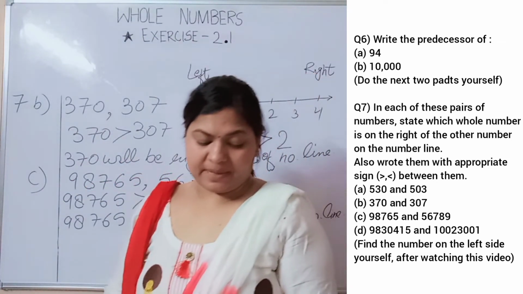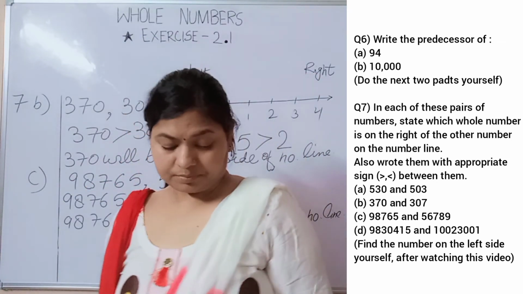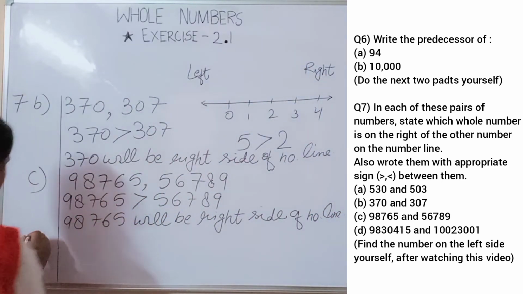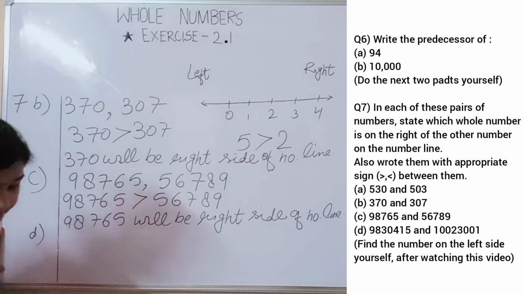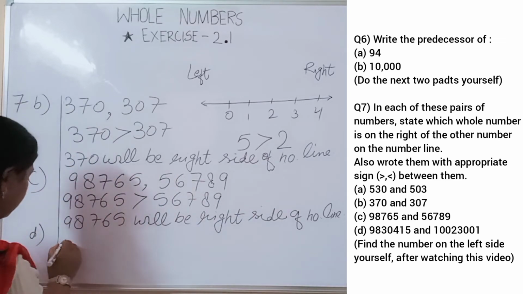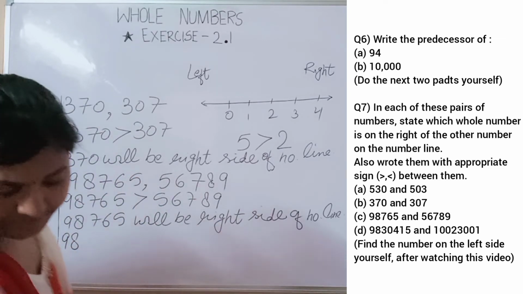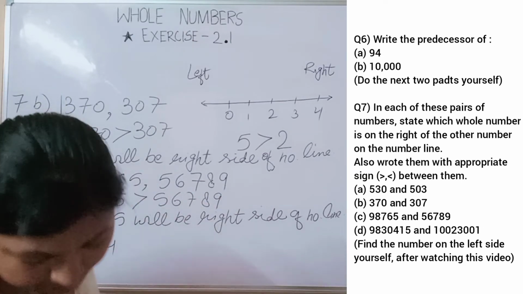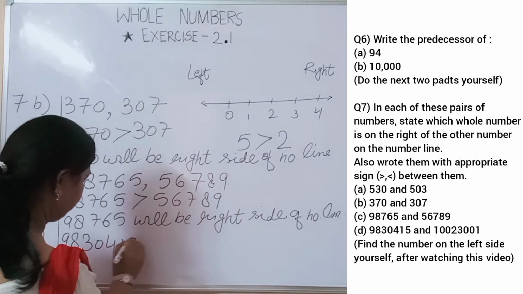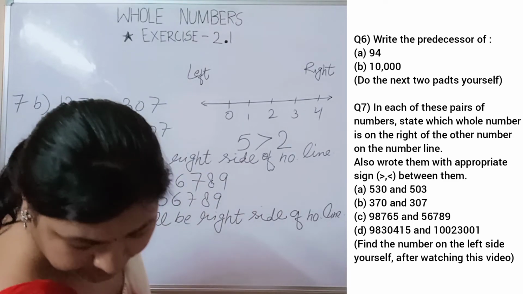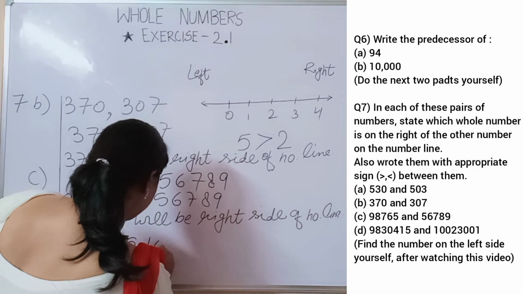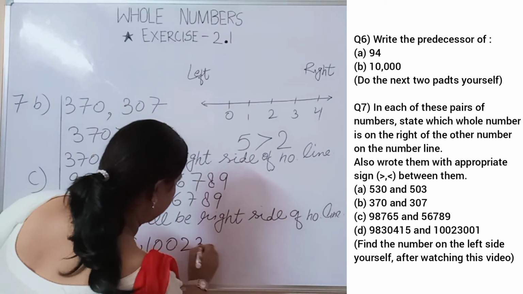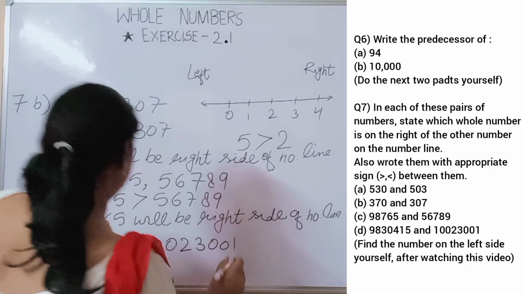So we have only D part left. It is a very big number, 9830,415 comma 100,23001.